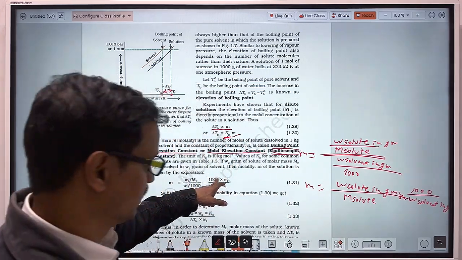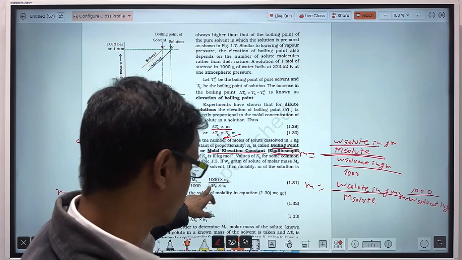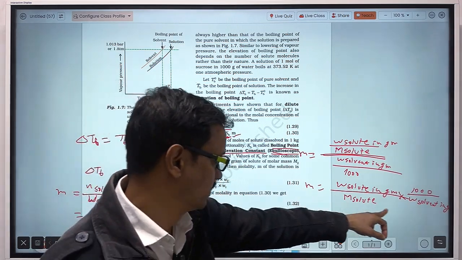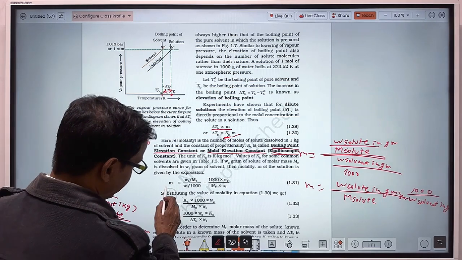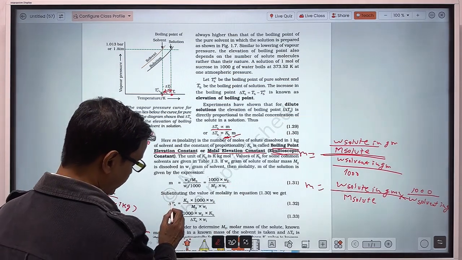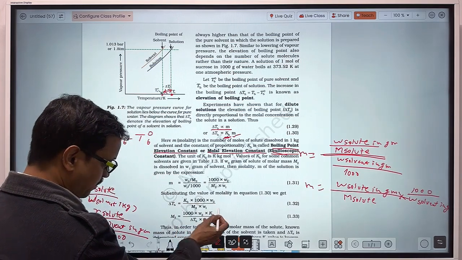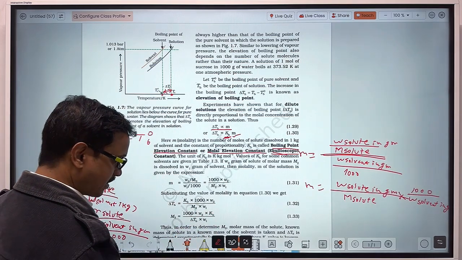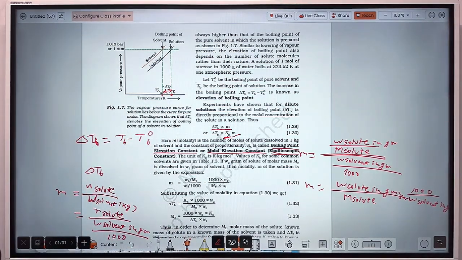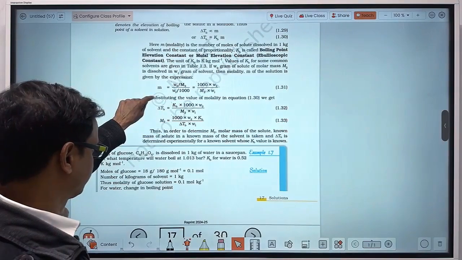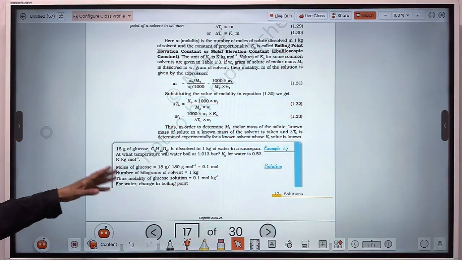That's why here it is written 1000 into W2, where W2 is weight of solute in gram, upon molecular weight of solute into weight of solvent in gram. Delta Tb is equal to Kb multiplied by molality. M2 you can also find out: M2 will come this side, delta Tb will come this side. Okay, so this expression is very easy.